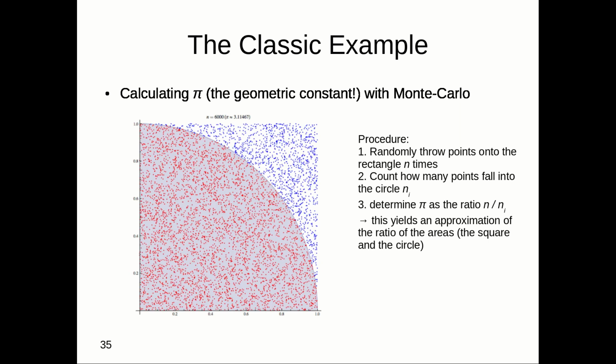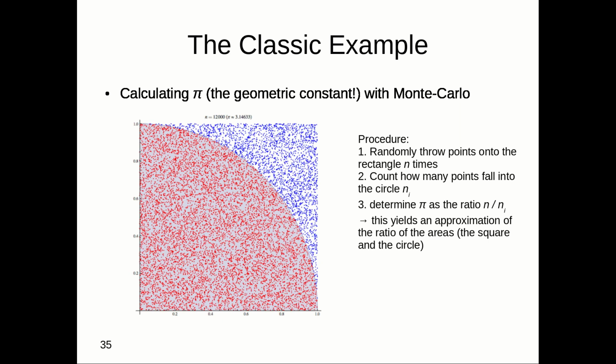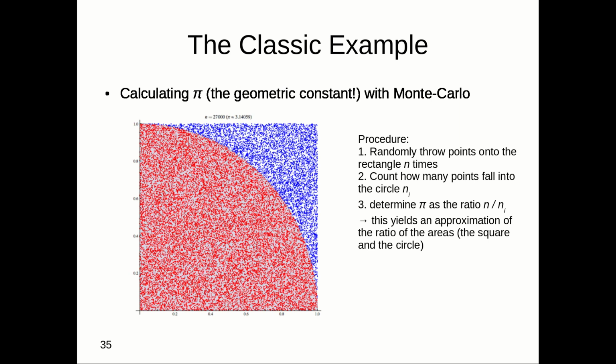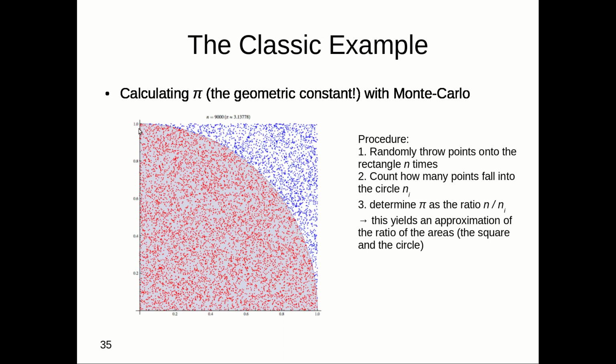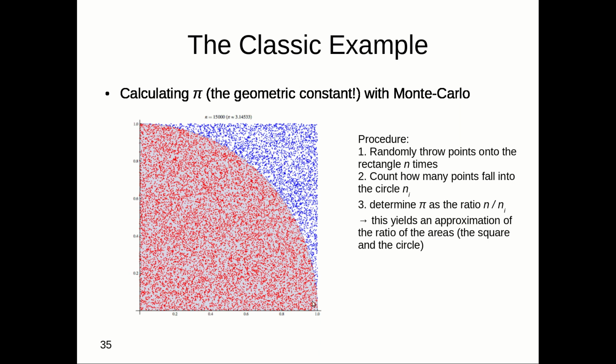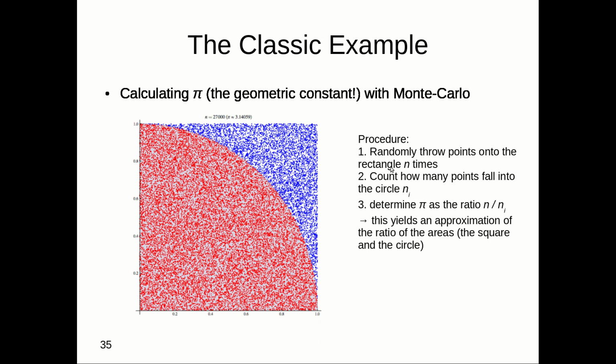And so here, to calculate the famous geometric constant pi using a Monte Carlo method, what we do is we randomly throw points onto this rectangle that contains a quarter circle, n times.